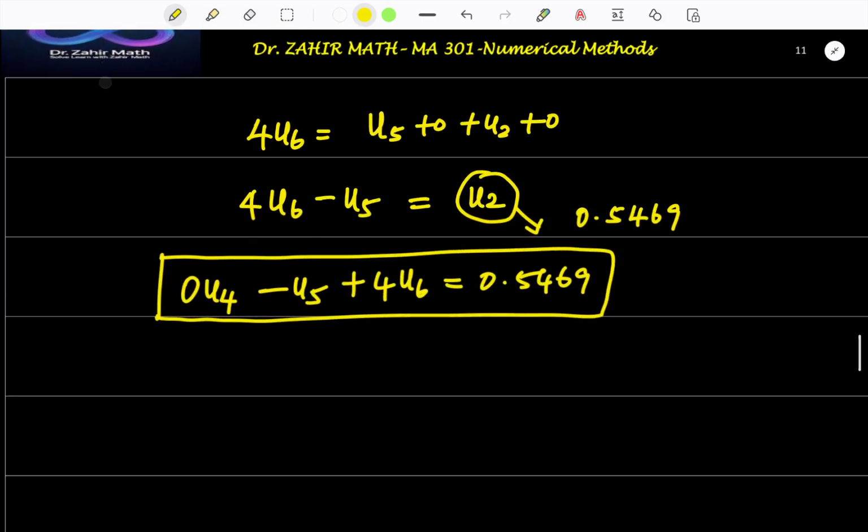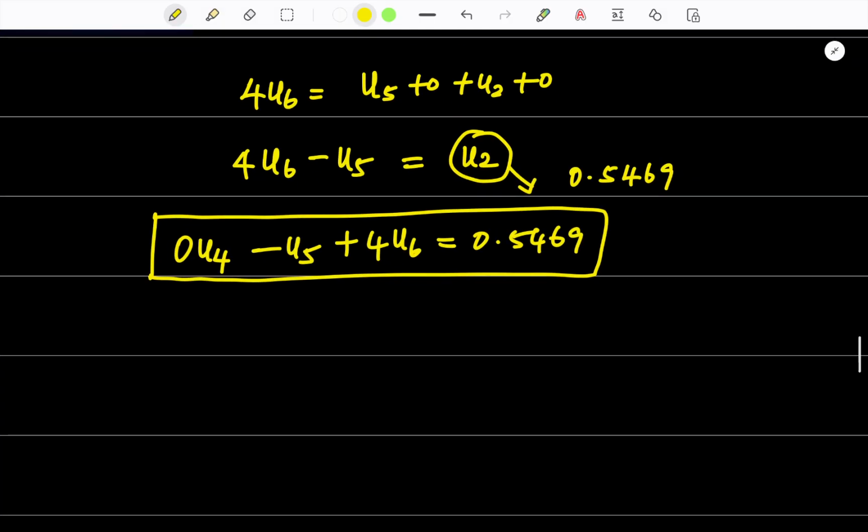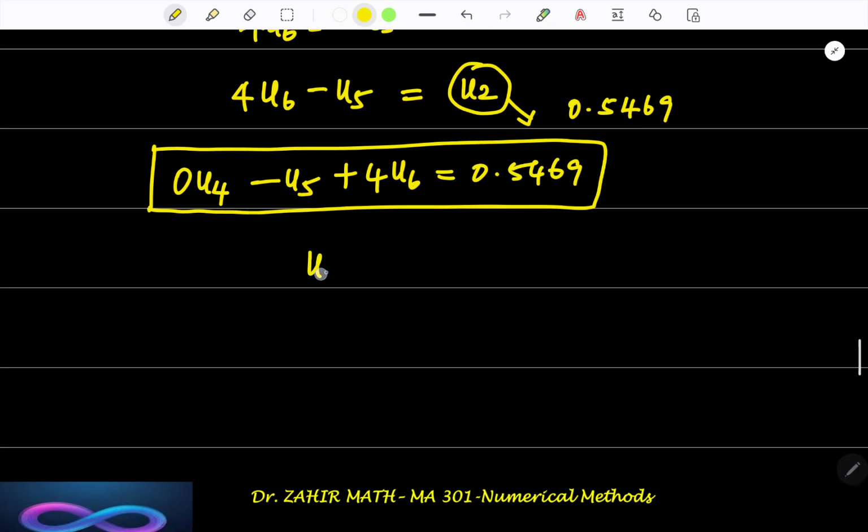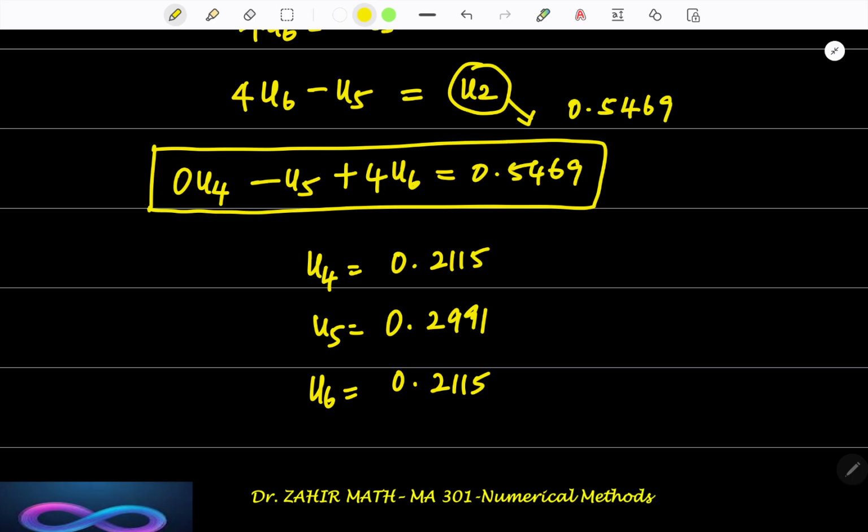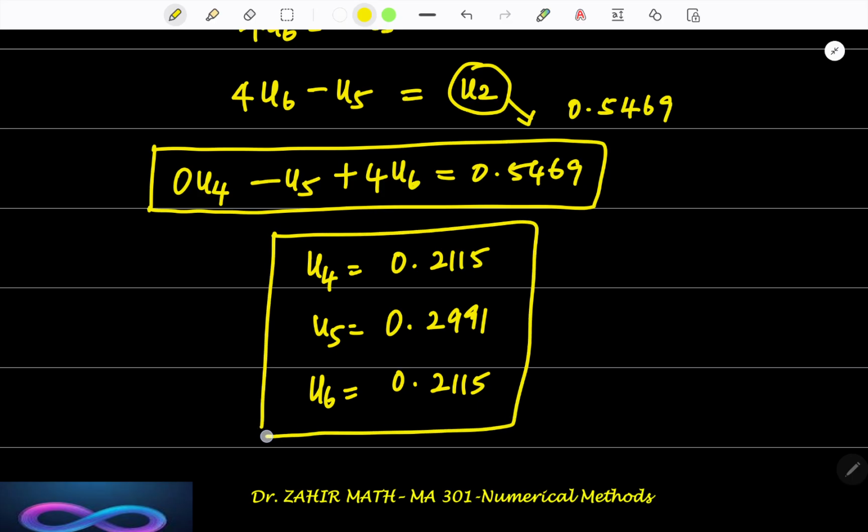The next equation is 0 equal, minus 1 equal, 4 equal, 0.5469 equal. I'm getting x, which is u4 equals 0.2115, u5 equals 0.2991, and u6 equals 0.2115. Yes, so I got u4, u5, u6.